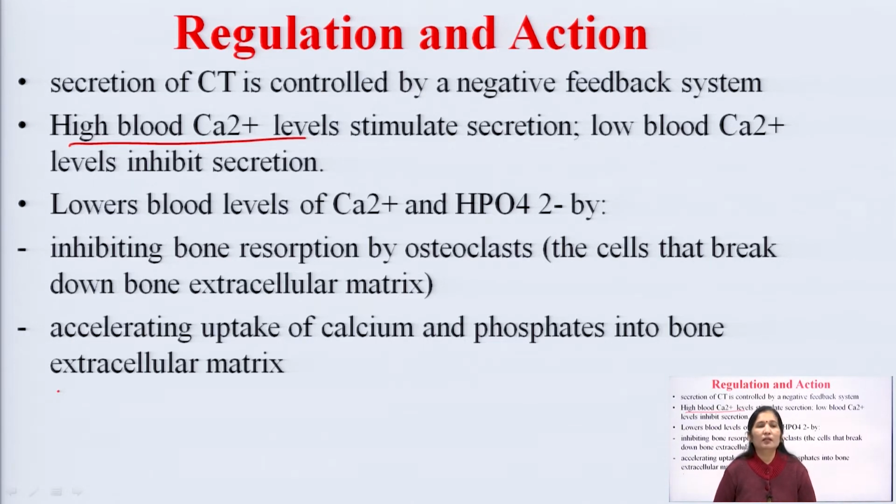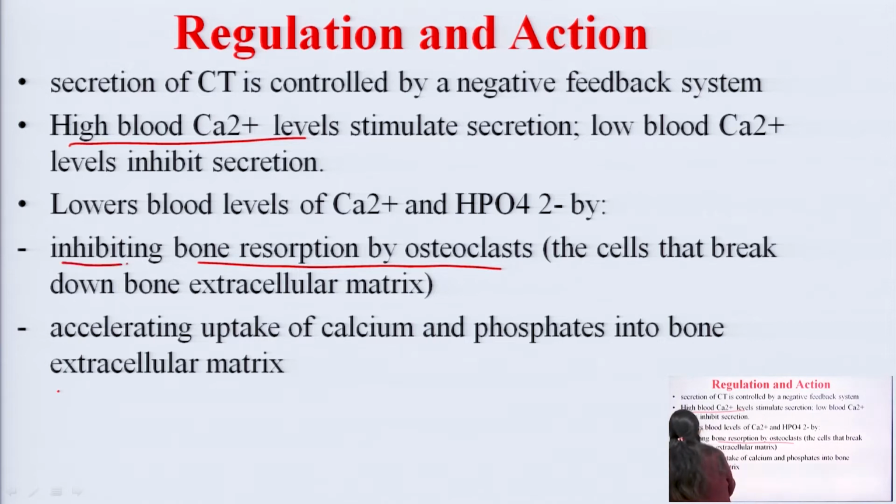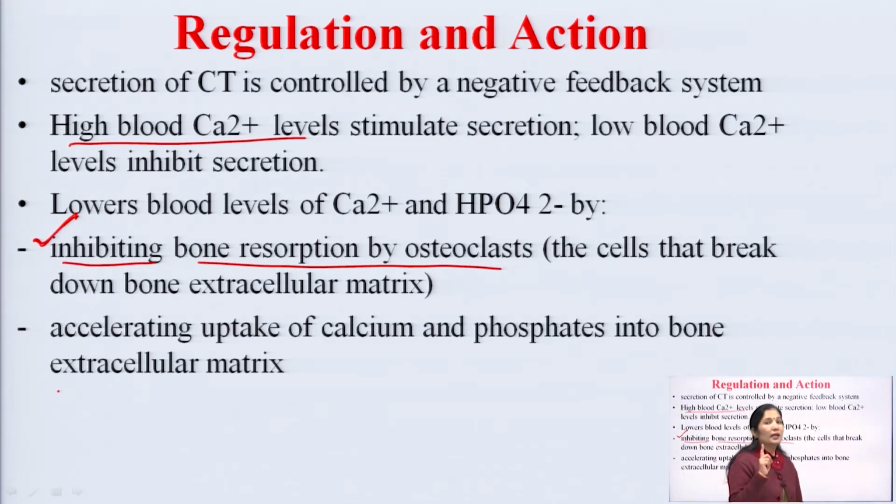Bone resorption is performed by osteoclast cells. So, the first action is inhibition of bone resorption by the osteoclast.